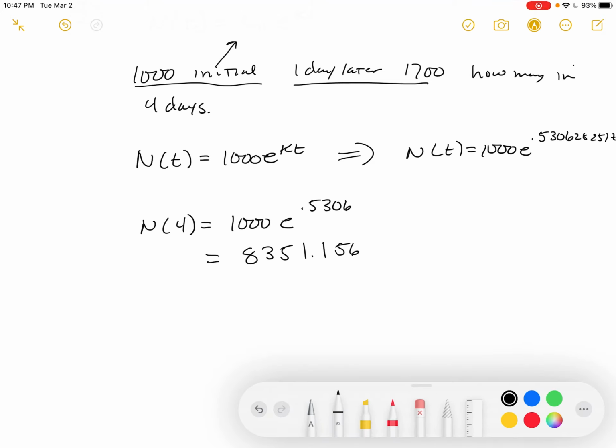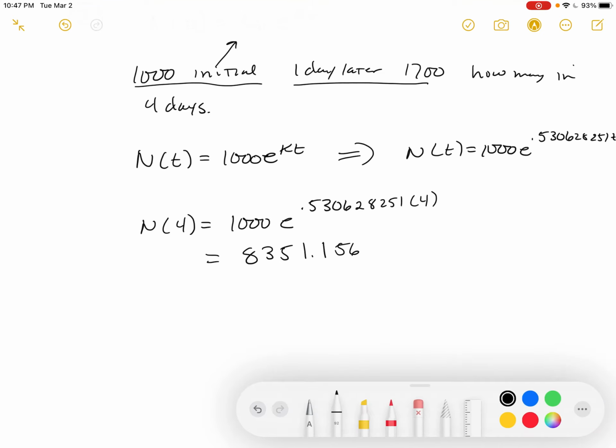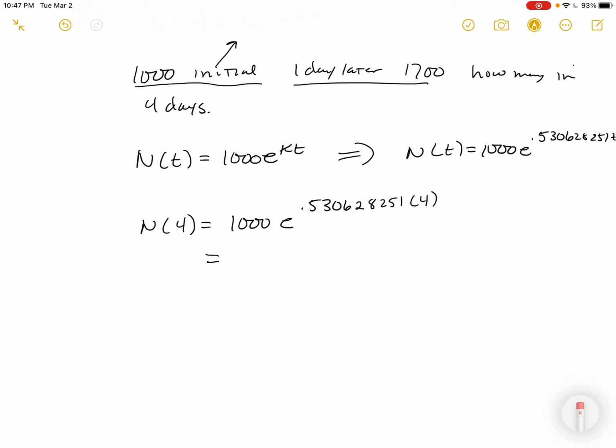Now, you're thinking, well, that's crazy, Jensen. How long is it taking me to write the next numbers? Nothing. Taking me very little time to do that. Let's see if it makes a difference. If I take 1,000 times e to the, and I'm going to type it in, 0.5306 28251 times 4.